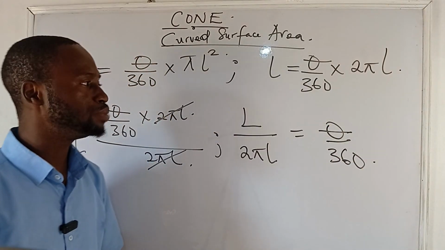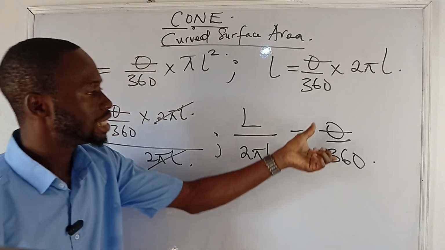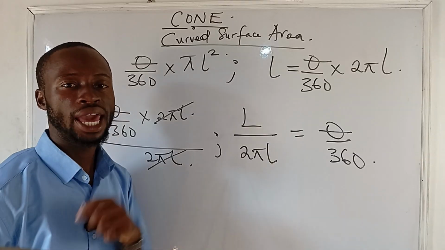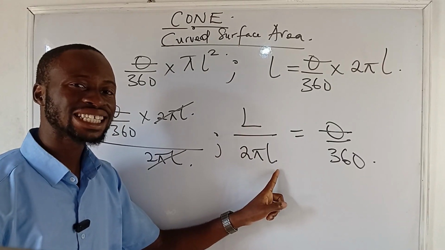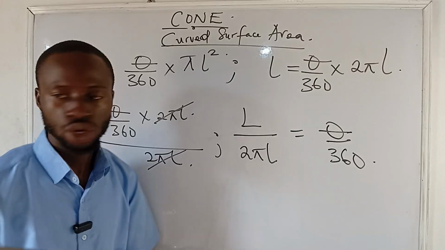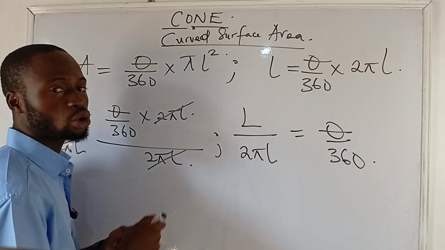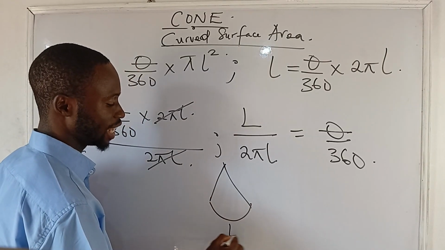Now, we did that because we want to manipulate our way to represent theta over 360 with the arc length over 2 pi L. This is the length of the arc, and this is the slant height, so they cannot cancel. If I consider a sector again, this is a sector, this is the length of an arc.